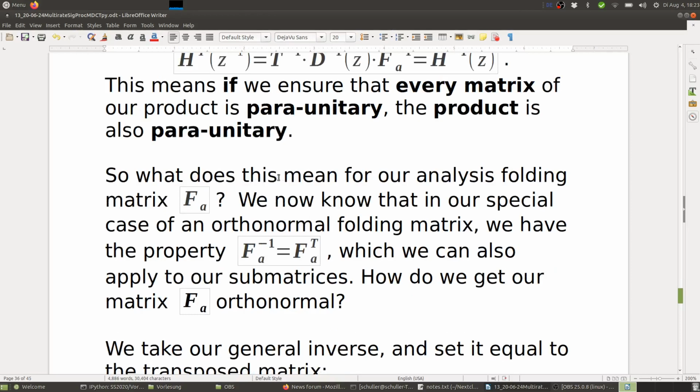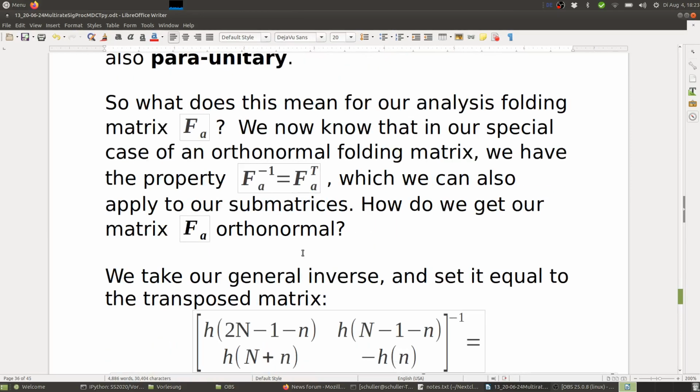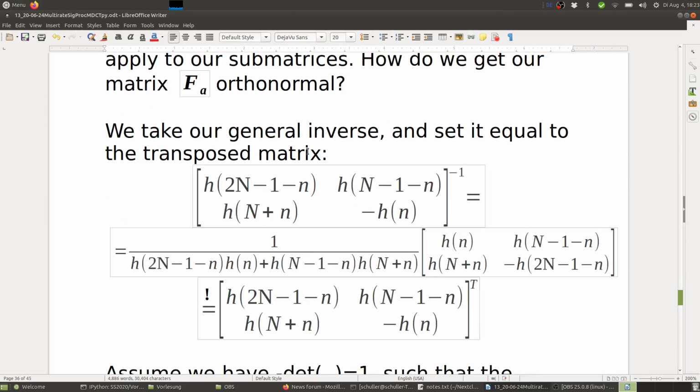So what does this mean for our analysis folding matrix Fa? We know that in our special case of an orthonormal folding matrix, we have the property Fa inverse is Fa transpose, which we can also apply to our submatrices. So how do we get our matrix Fa orthonormal? We take our general inverse and we set it equal to the transpose matrix. So here again our inverse.